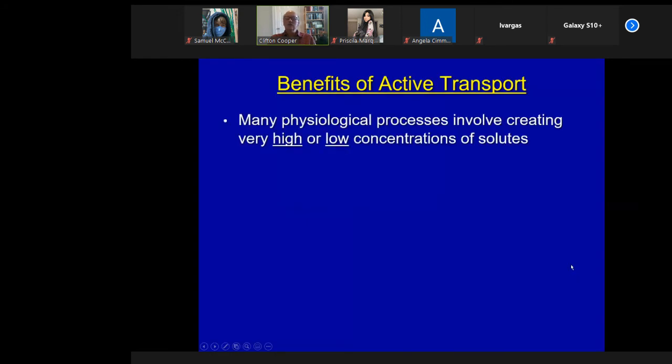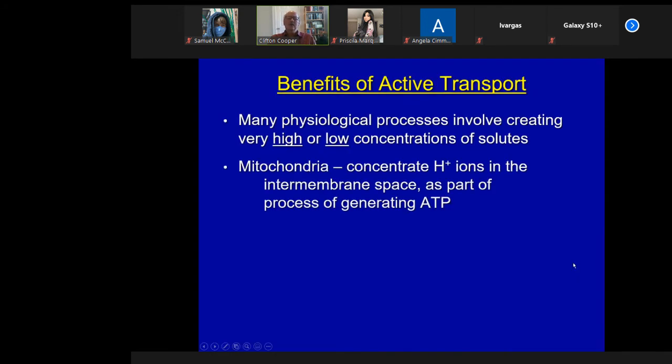We use it for a lot of things. For instance, inside your mitochondria, they rely on active transport as part of the whole process of making ATP in the first place. They involve concentrating hydrogen ions in one part of the mitochondria. We'll be seeing that a couple of chapters from now when we look at cellular respiration.